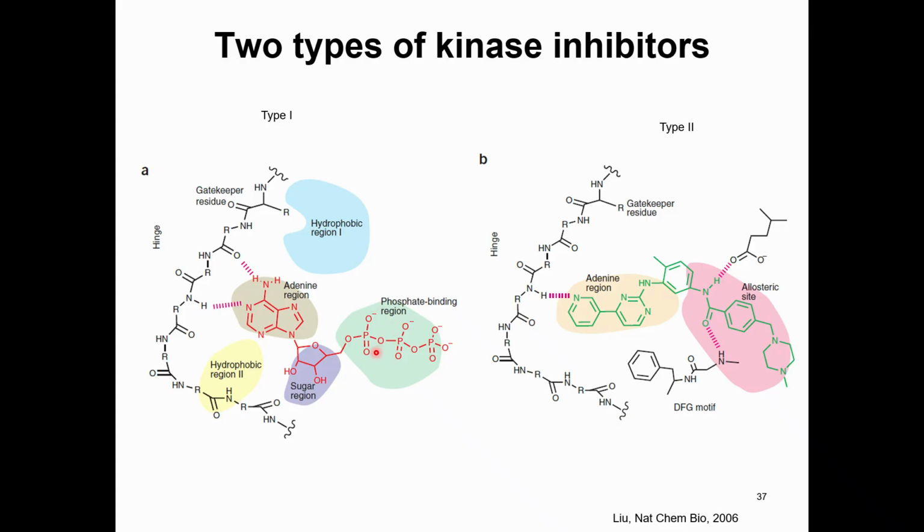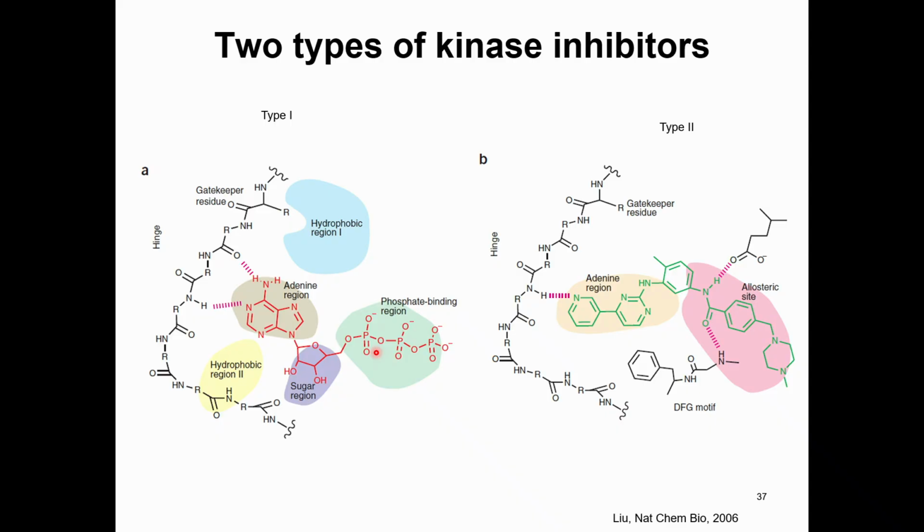And the phosphate that a kinase uses, guess where it comes from? It comes from ATP, adenosine triphosphate. It's certainly used in energy all the time, right? In mitochondria. But ATP is also the source of phosphates for kinase reactions. And furthermore, ATP is also a source of energy for many enzymatic reactions.